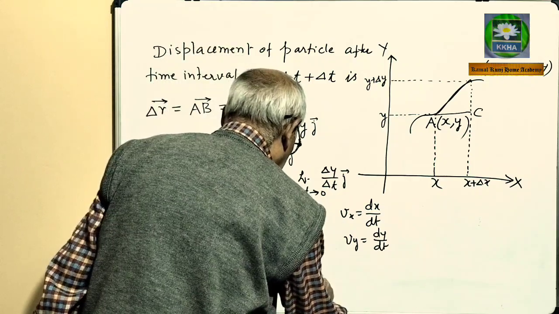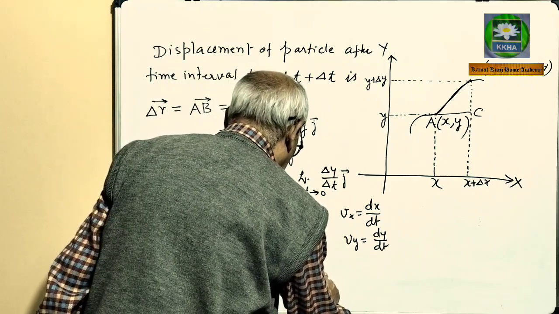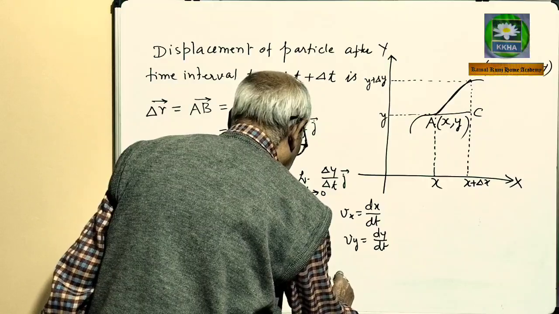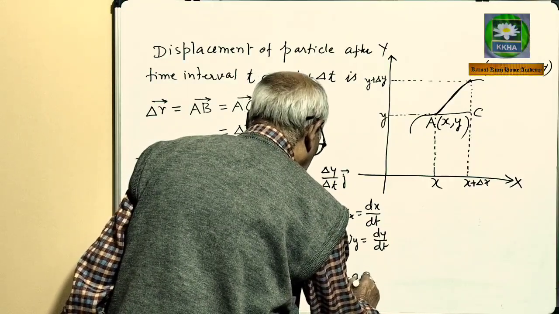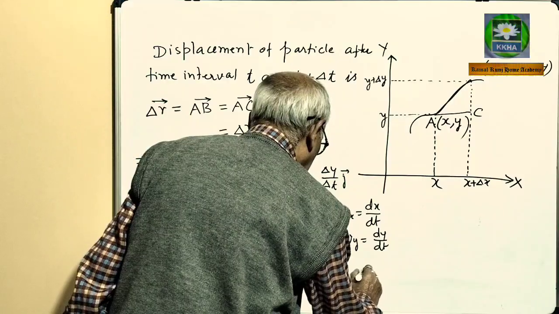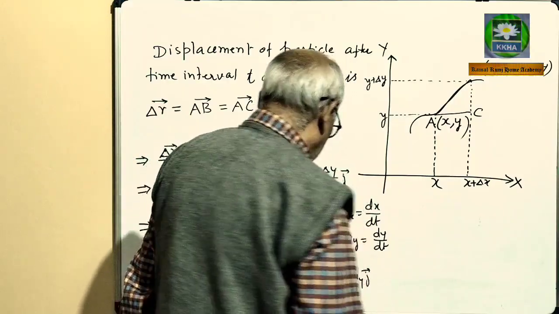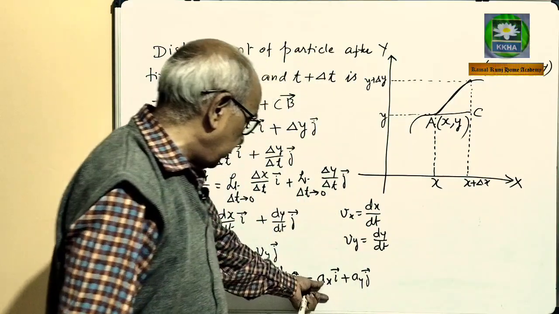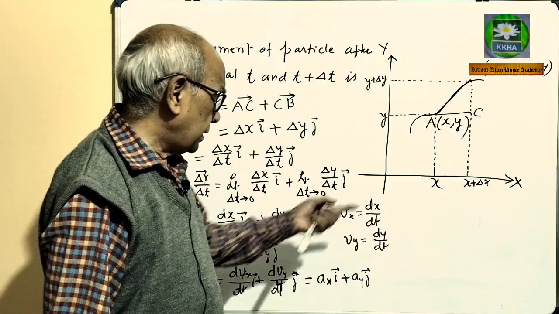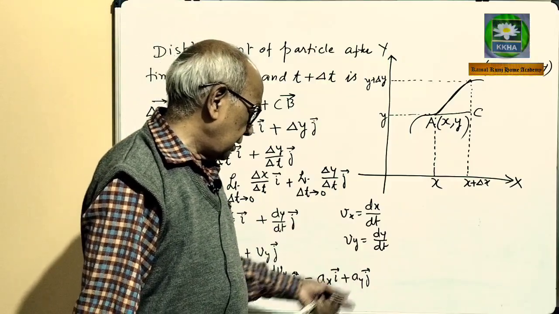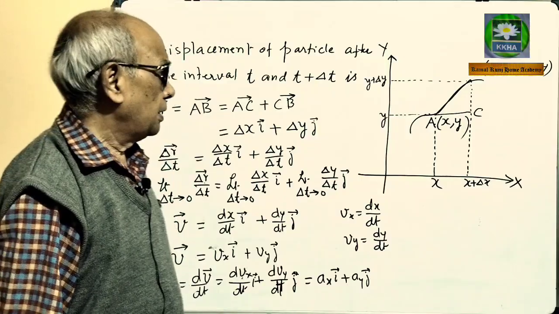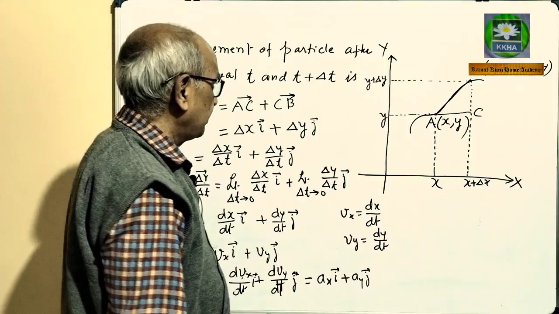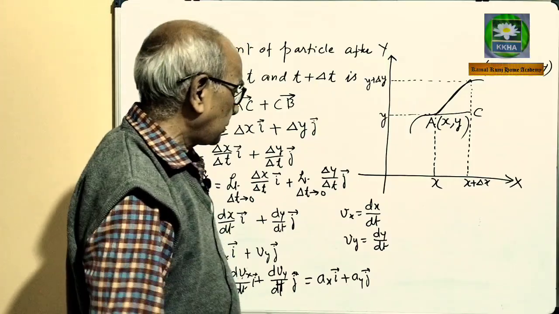So this is equal to ax i plus ay j. Ax is the component of acceleration along x-axis. Ay is the component of acceleration along y-axis.